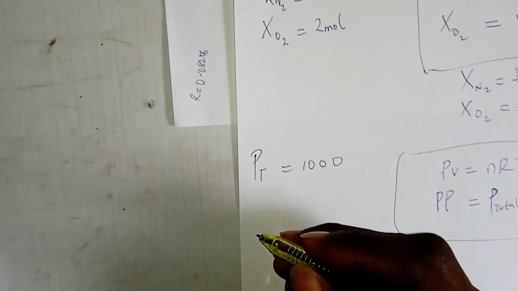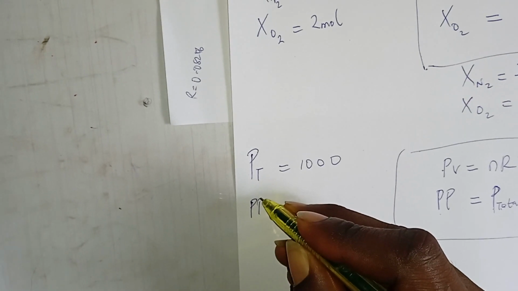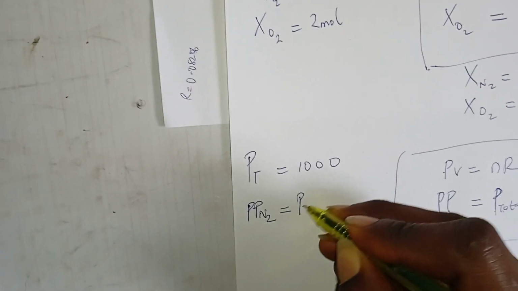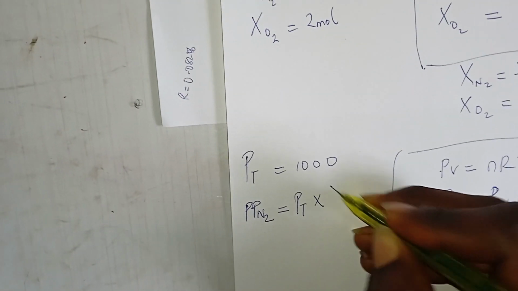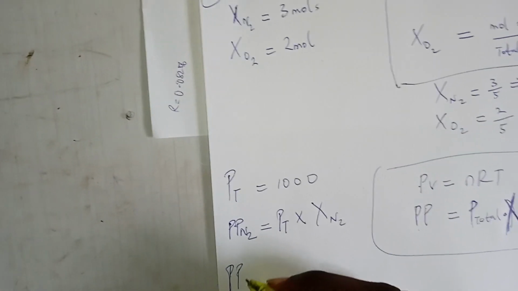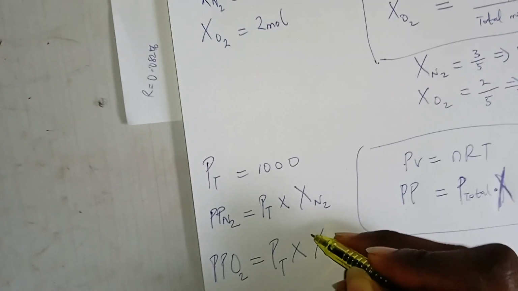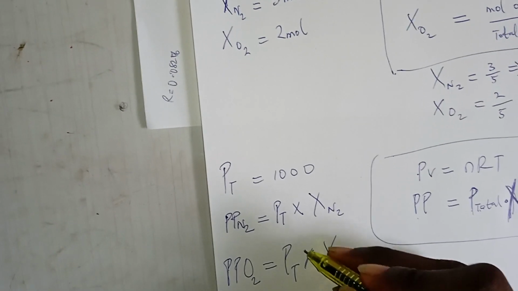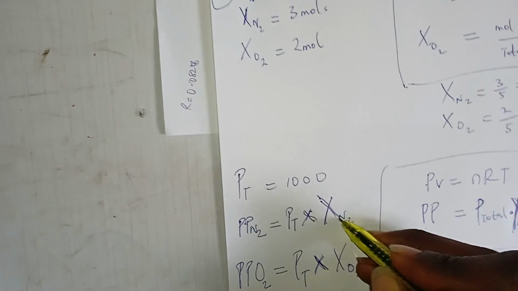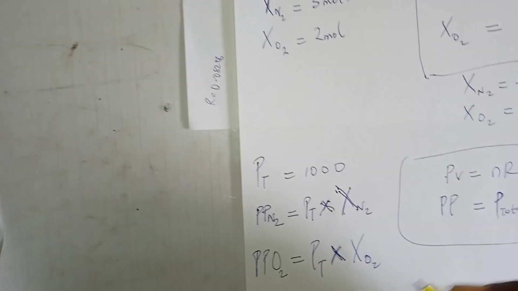So in this case, since I have PT to be 1000, the partial pressure of nitrogen will be equals to PT times its mole fraction. Then the partial pressure of oxygen gas will be equals to PT times its mole fraction. In fact, I could have used dots.